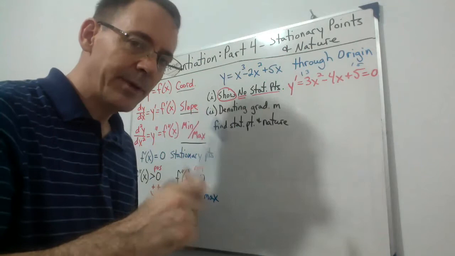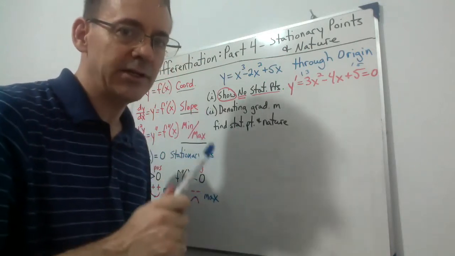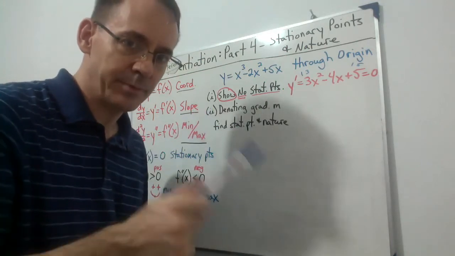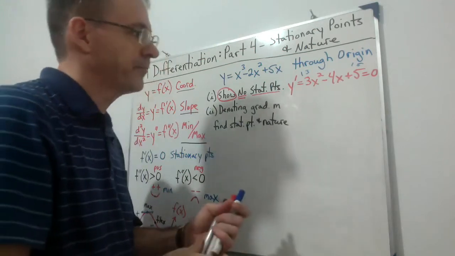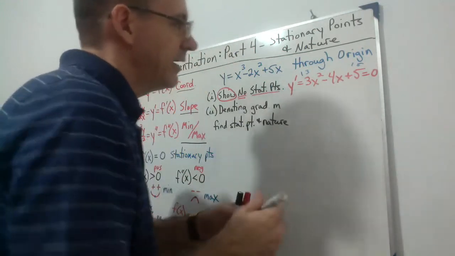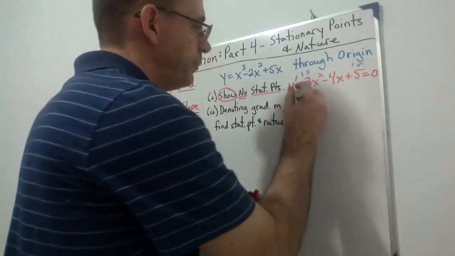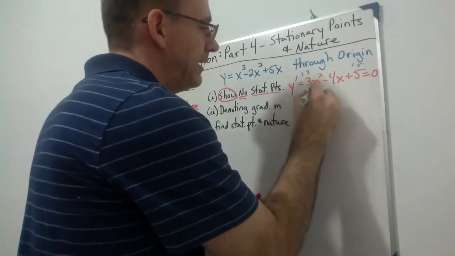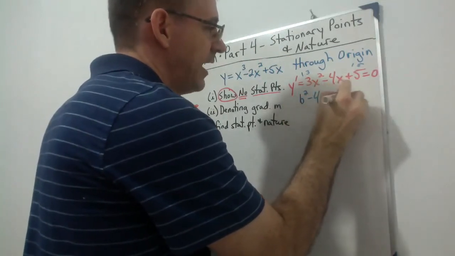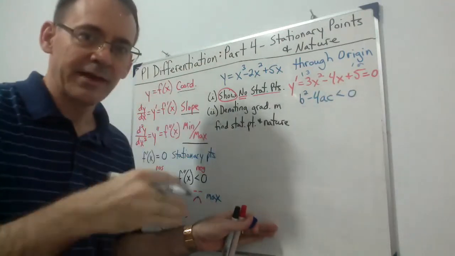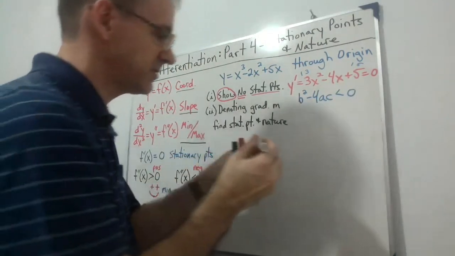And when it's talking about number of solutions, we work with the discriminant, the b squared minus 4ac. So what we want to show is that our b squared minus 4ac is less than 0. That means there are no solutions.